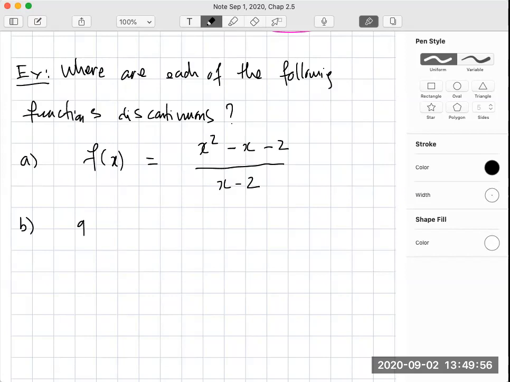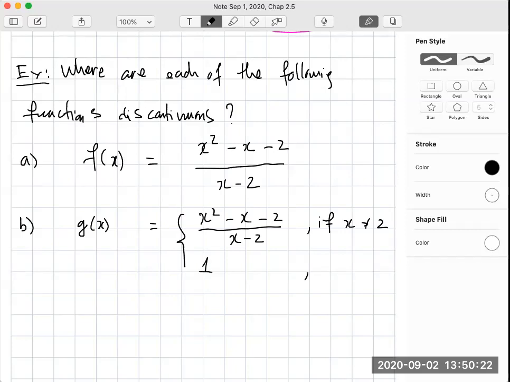And another function, g of x, defined as x squared minus x minus 2 divided by x minus 2 when x is not 2, and it is 1 at x equal to 2.